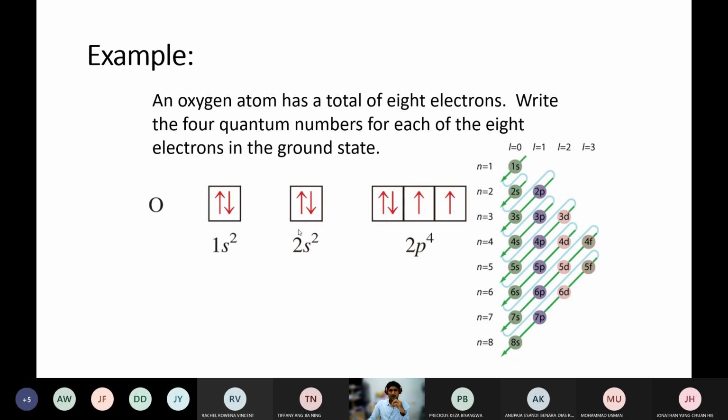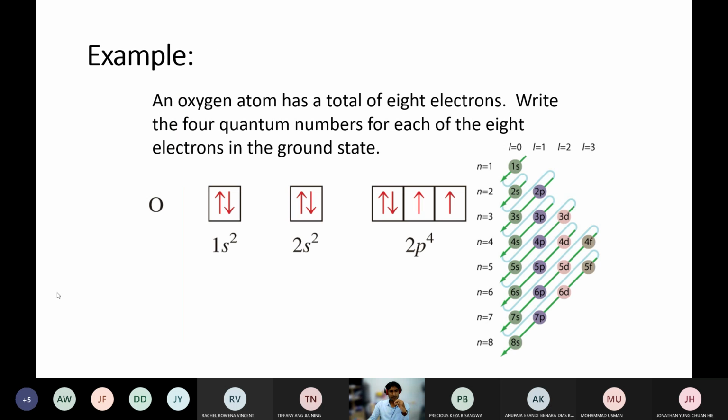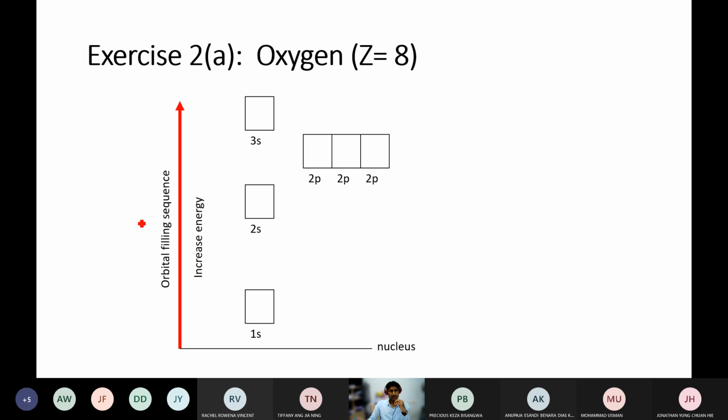Okay, so now this is oxygen, and we know this is the period. This is how the electron configuration looks for oxygen, but on an energy level, how do we see how the energy is distributed, and which of the electrons has more or less energy?